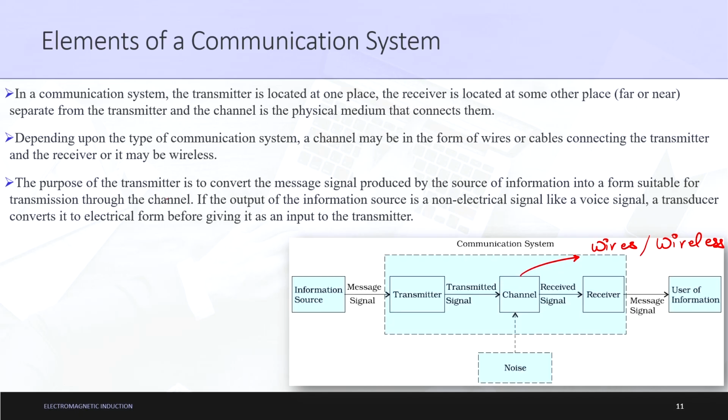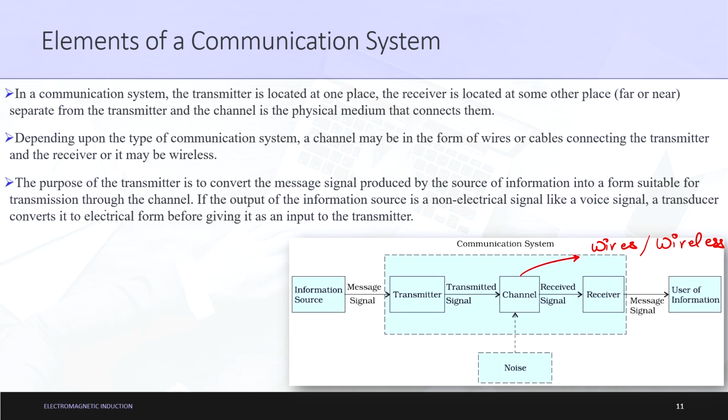Now, the purpose of the transmitter is to convert the message signal produced by the source of information into a form suitable for transmission through the channel. What is the form suitable for transmission? We will get to know when we understand the concept of transmitter.